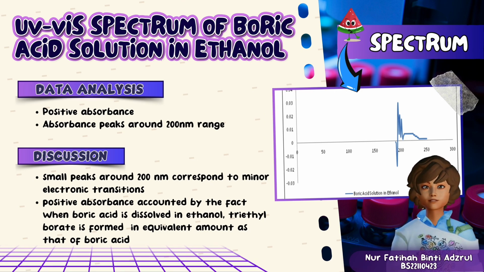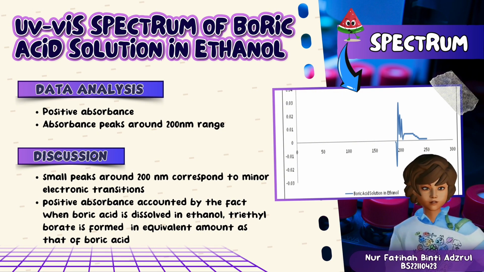Therefore, based on the solubility in different solvents, we can state that water is the best solvent for boric acid. However, methanol and ethanol are also suitable but less effective than water. And the least suitable solvent is hexane.